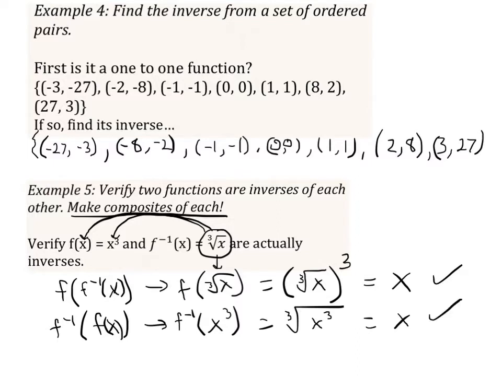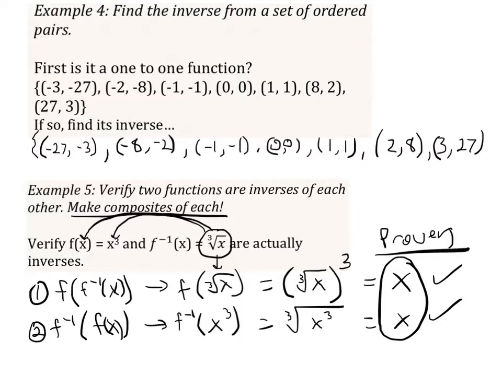So because both answers yield just an x, they simplify down to the identity function, which is f of x equals x. Then we say that we have proven that they are inverses. So when you make both composite functions here, and their final answer simplified is x, then you've proven that they were inverses of each other to begin with.